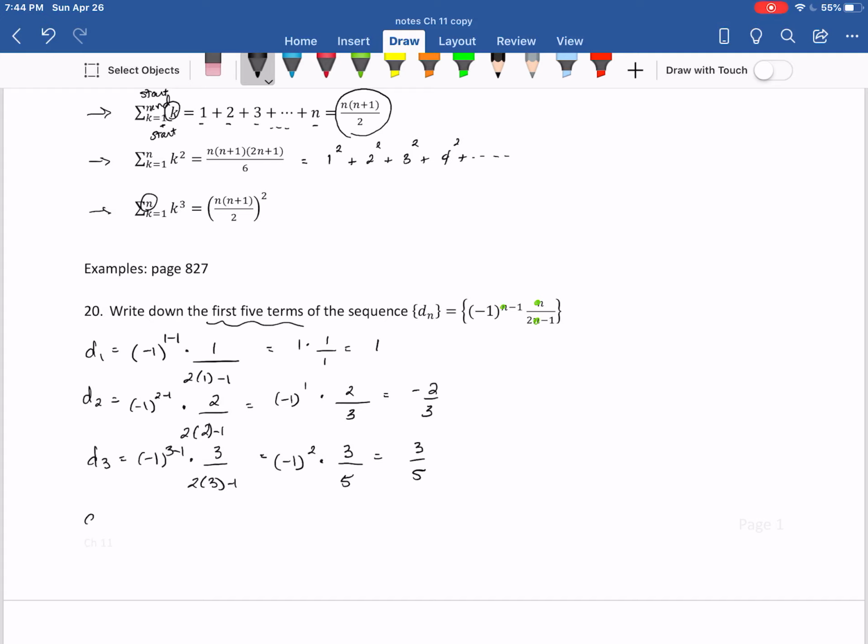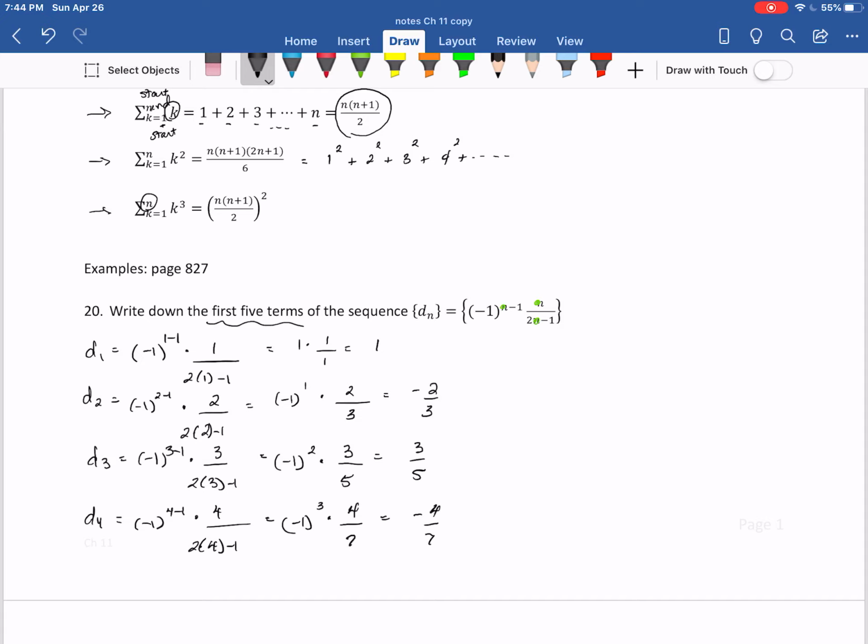D4 is the fourth term. Substitute 4 in place of the n. And you get -4/7.